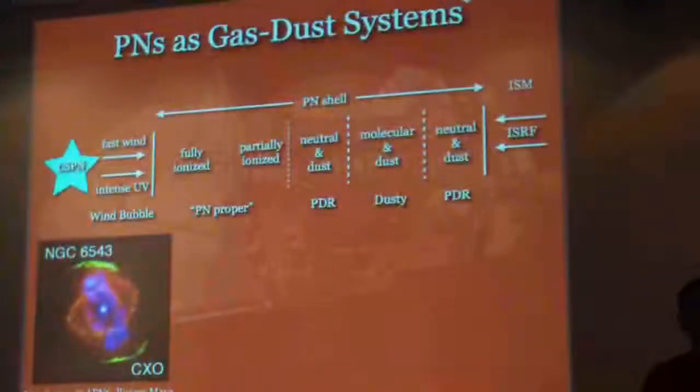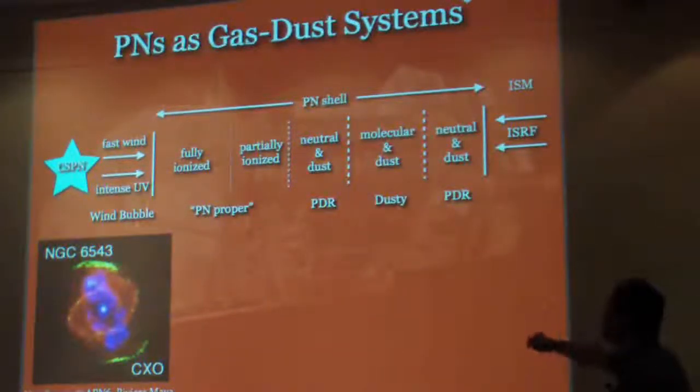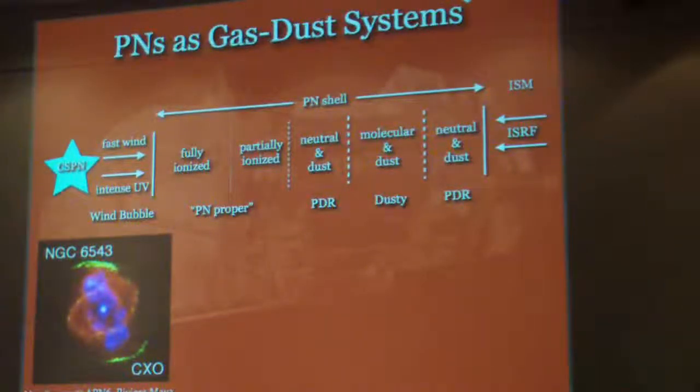Here is the cartoon of a planetary nebula. The central star is here, and here's the inner radius, the outer radius, and the ISM. We can have this very naive, stratified view of the structure.